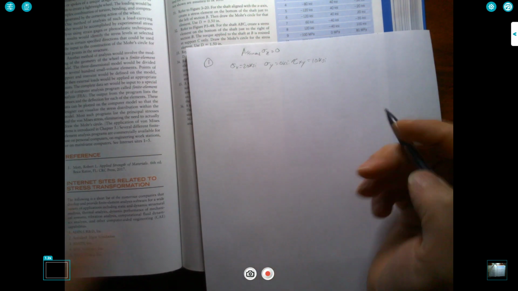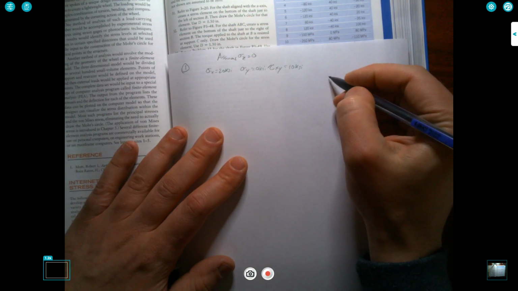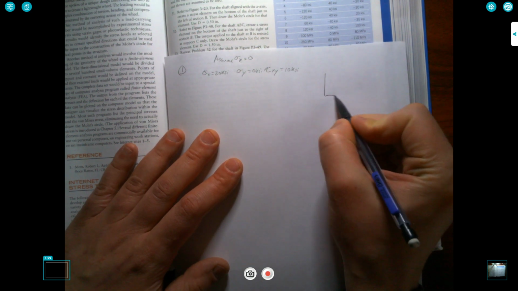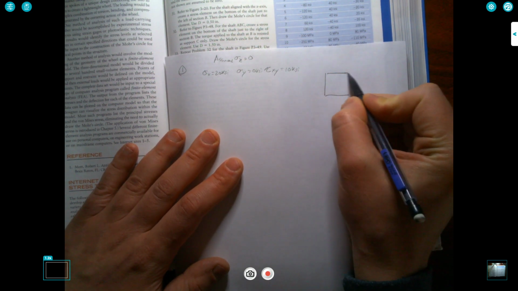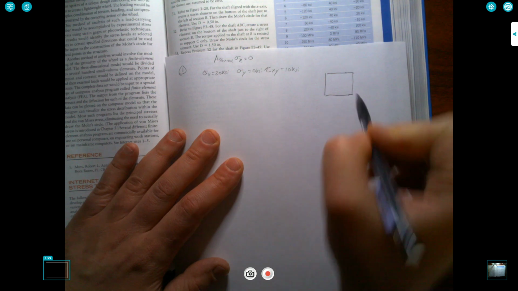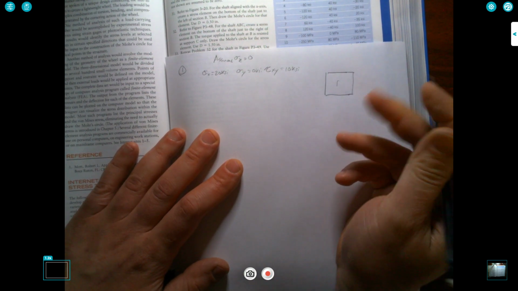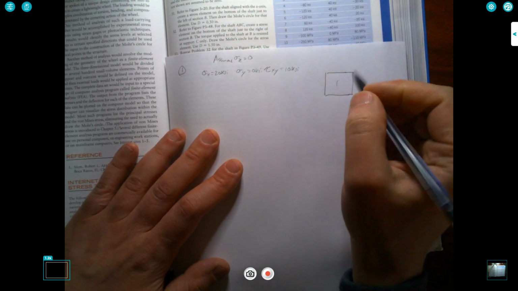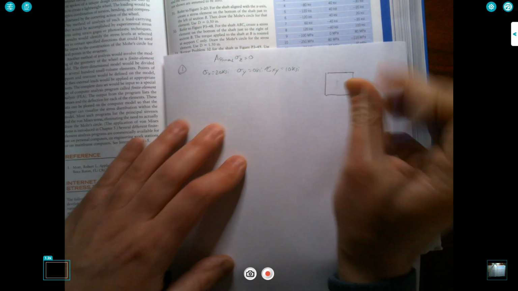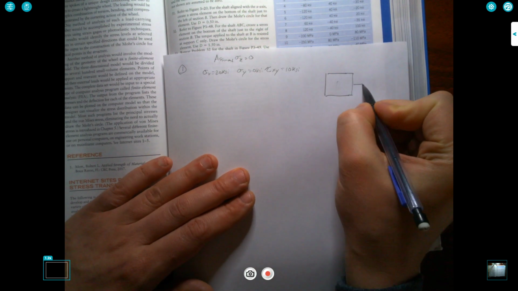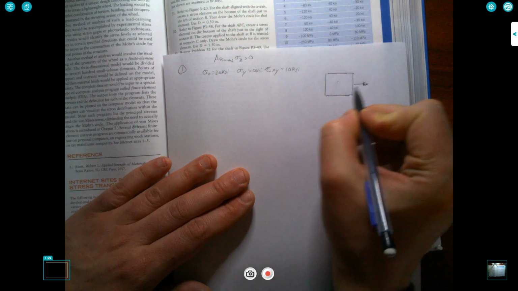We want to draw our stress element. So in this case, we draw our stress element as that square, the location that we picked where we're going to have stress, and we want to look at that max stress there. So in this case, we said we have a tension.